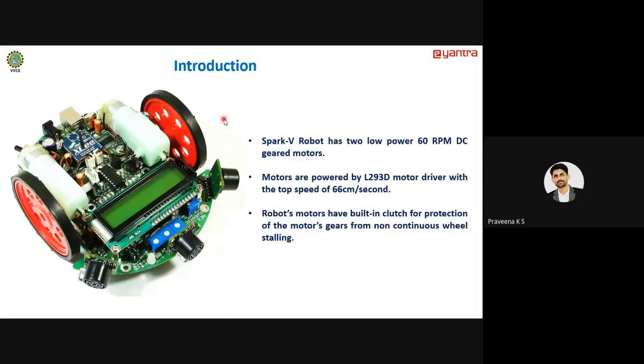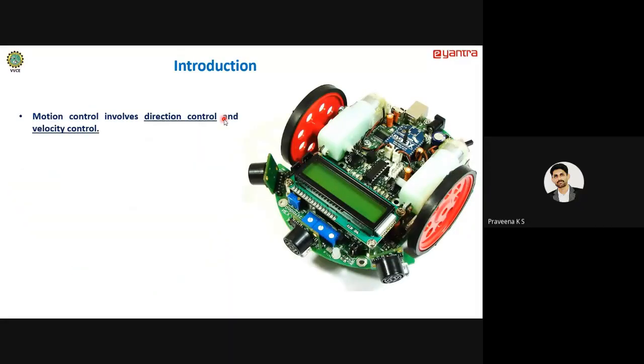Fine. Then with respect to its motion control, it involves both direction control as well as velocity control. Direction control refers to control over its direction, so in which direction it has to move: right, forward, left, backward, likewise, different directions.